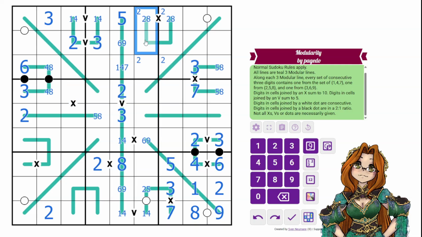Which means 8 is in one of these 2 cells, but we already know it can't be here because this is not in the modular group with 8. 8 has to be on this modular group. So that actually gets us our 8 here and our 2 here. And our 2 here. That is the end of our 2s, which is quite nice.